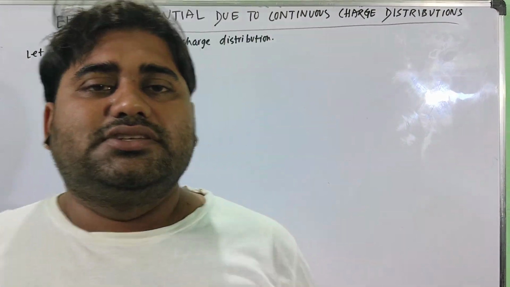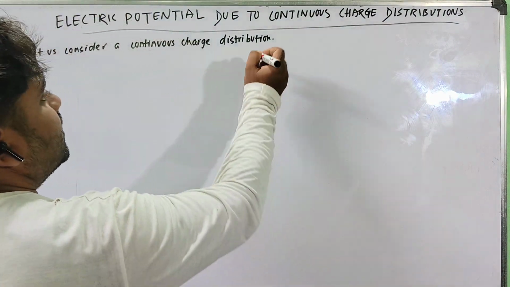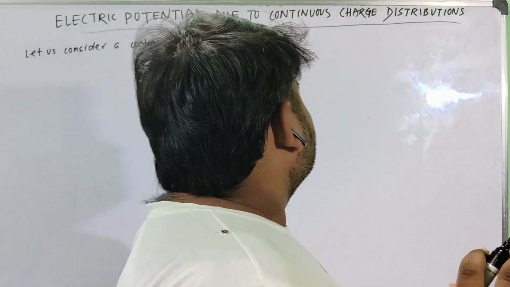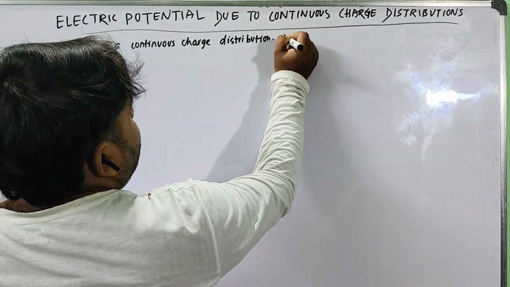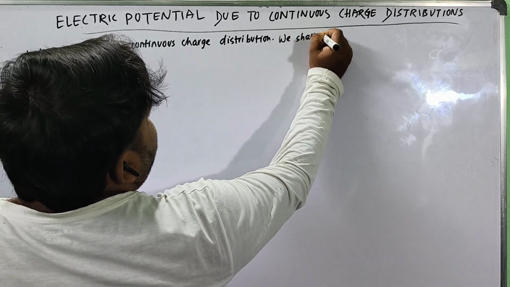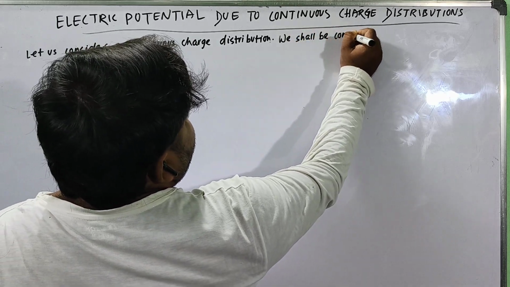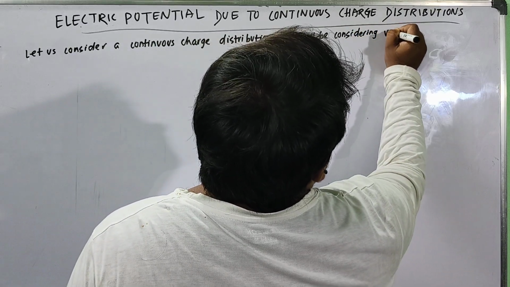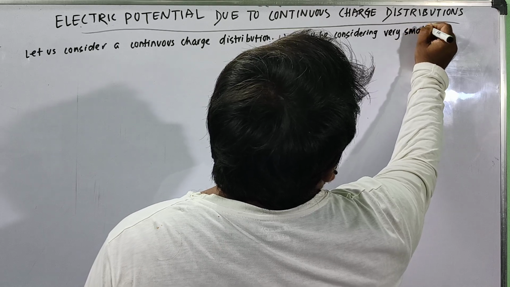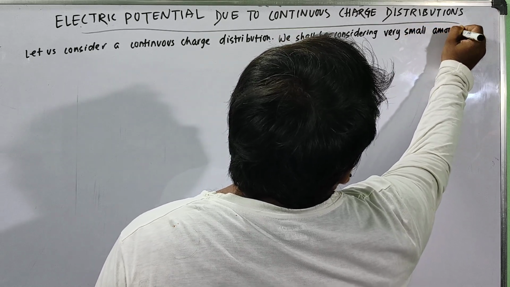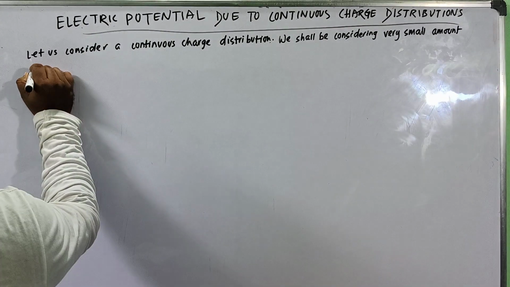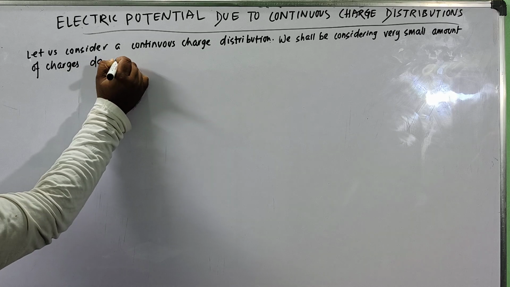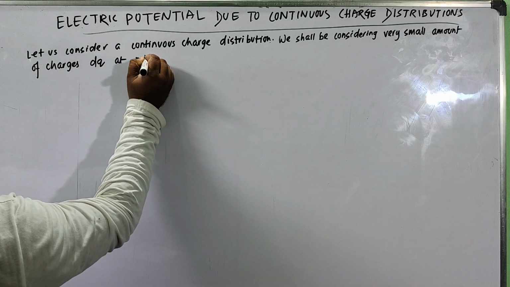We are going to consider very small amounts of charge dq at points.